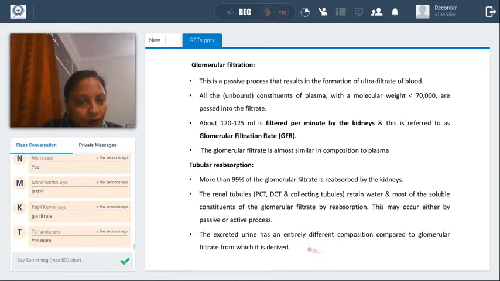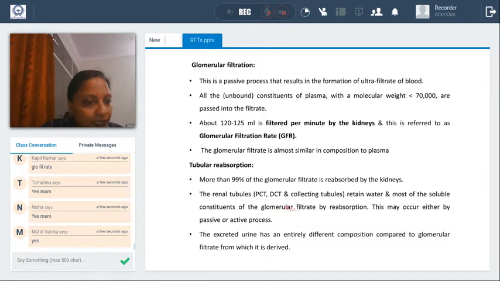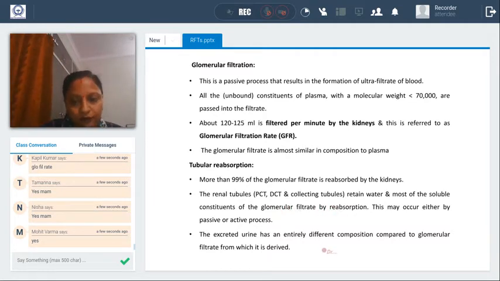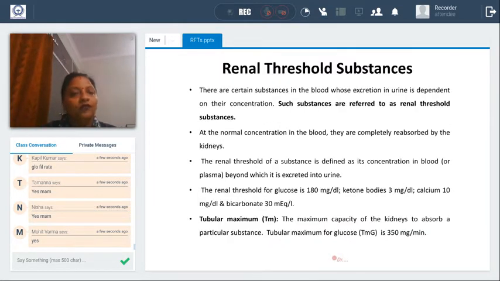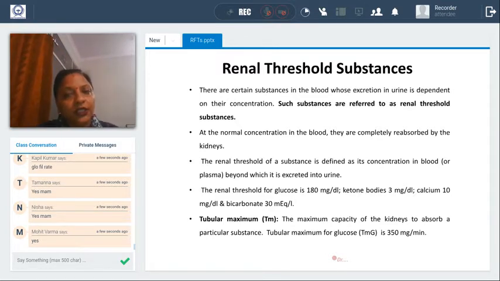Now it is clear to all of you, because more than 99% of the glomerular filtrate is reabsorbed by the kidneys, by the PCT, DCT, and collecting tubules. Then what are renal threshold substances? These are certain substances in the blood whose excretion in urine is dependent on their concentration. At normal concentration in the blood, they are completely reabsorbed by the kidney.